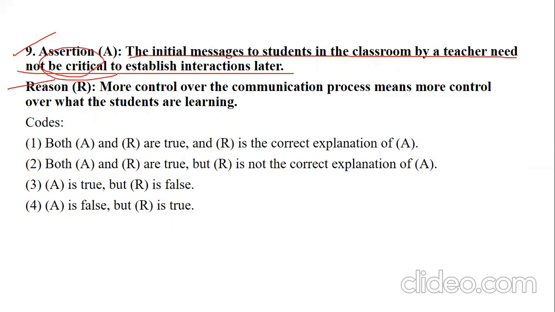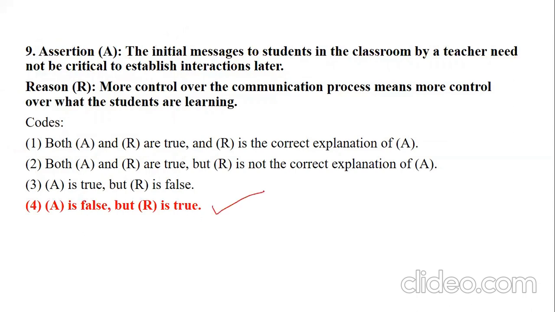Critical means it has to be careful. Definitely, if the teacher does not give the impression properly on the first day, students will take it for granted. So your first statement is false. If both are true, no. Both are true, it's not the option. A is true, no, because our A is false. Let's see R also. Reason: more control over the communication means control over what the students are learning. Yes, if you know what you are teaching, you automatically have control over what the children are learning. So option 4 is your right answer, where A is false and R is true.